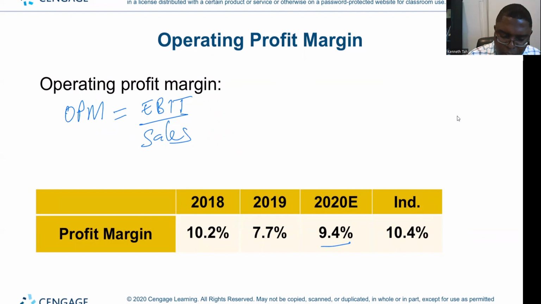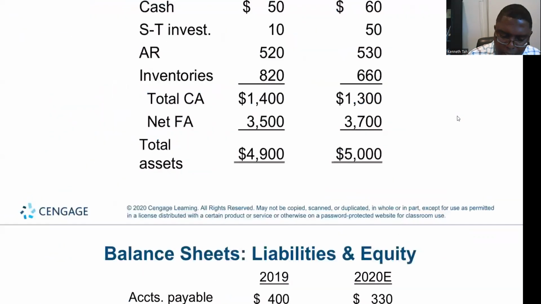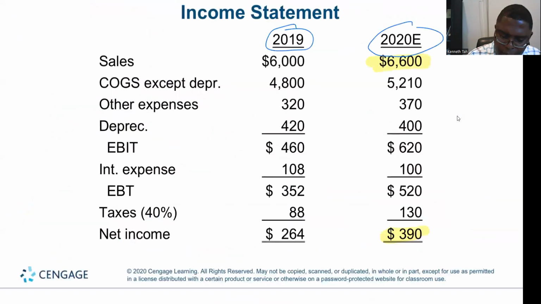So let me go to the income statement, and what I'm looking for is the earnings before interest and taxes. Earnings before interest and taxes in this income statement is 620. And we had seen before that sales is 6,600. So those are the two that we need.